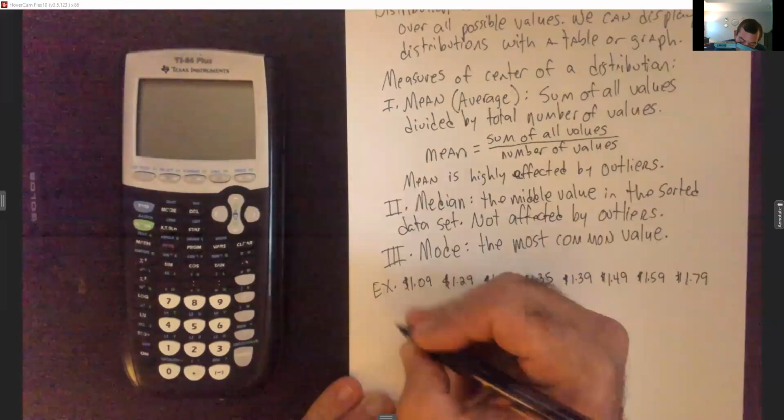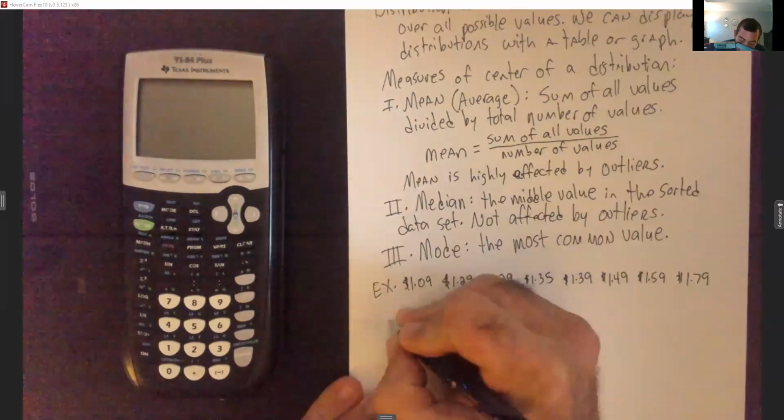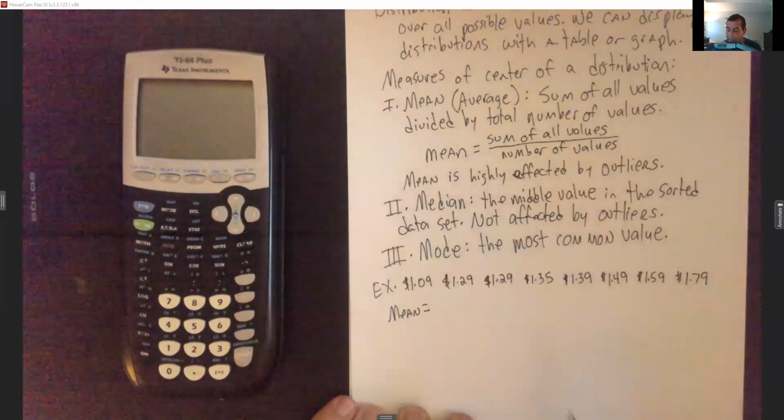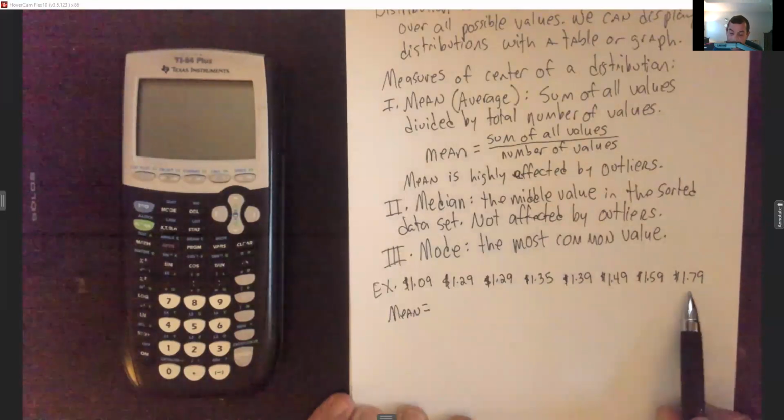So the first thing we'll look at is the mean. We said the mean was the sum of all these numbers added together divided by how many I had.